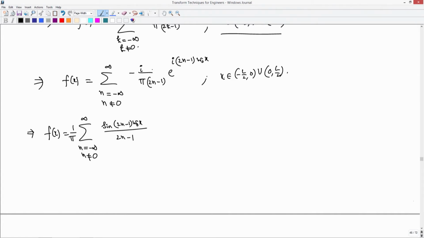So i and minus i becomes plus. This is the Fourier series for f, and it happens to be a sine series, which is valid here.